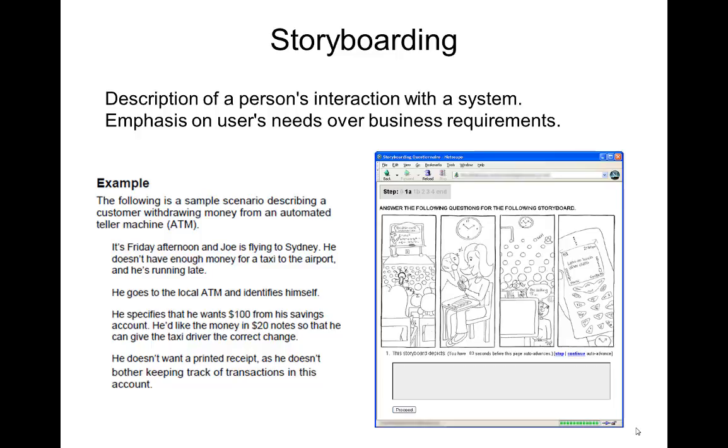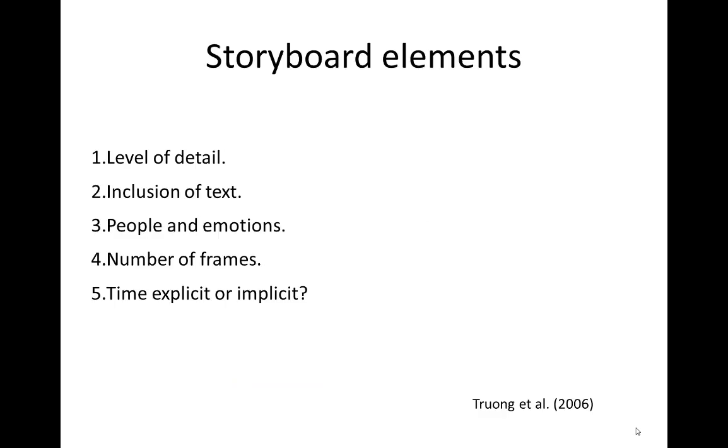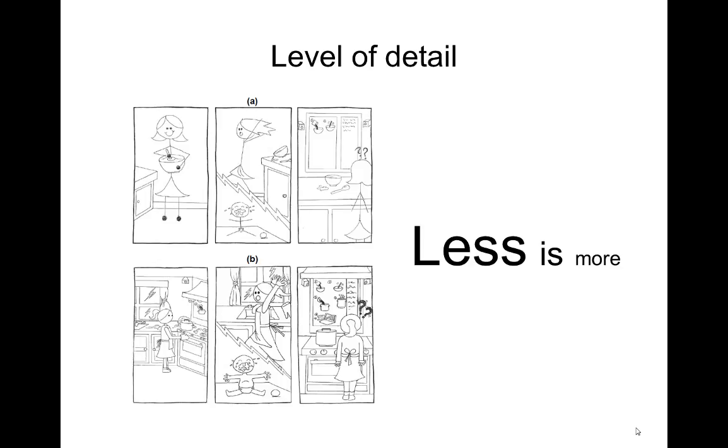They compared them and evaluated how good the storyboards created by novices versus experts were, to try and optimize storyboard building. They looked at five things: level of detail, inclusion of text, people and motions, number of frames, and whether to explicitly include time, to come up with some guidelines.